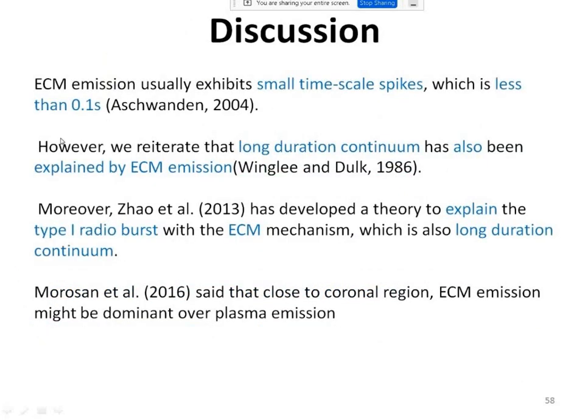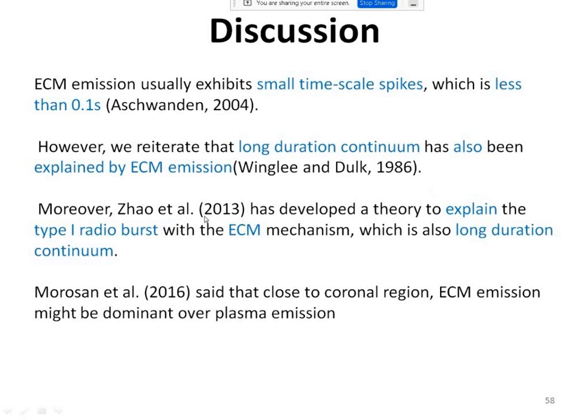So this is the discussion of this event. ECM emission usually exhibits small time scale spikes, less than 0.1 second. However, we reiterate that long duration continuums have also been explained by ECM emission. And here is a reference.